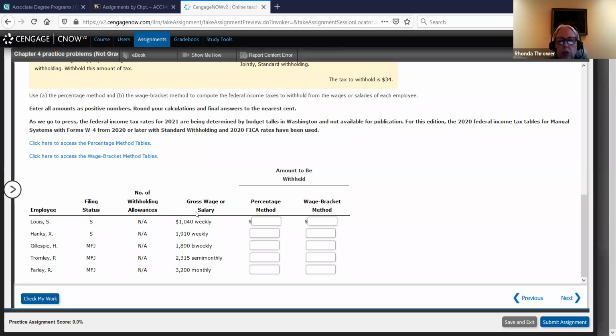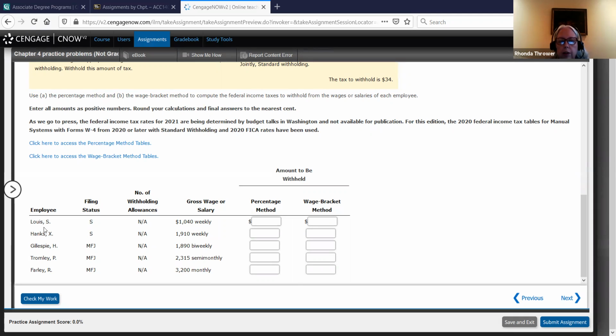You would also need to know the amount of their gross wages or salaries for that period of time, and the period of time they are working with as far as salaries are concerned. The period of time can be weekly, bi-weekly, semi-monthly, or monthly. These are some common types of payment periods for our employees.